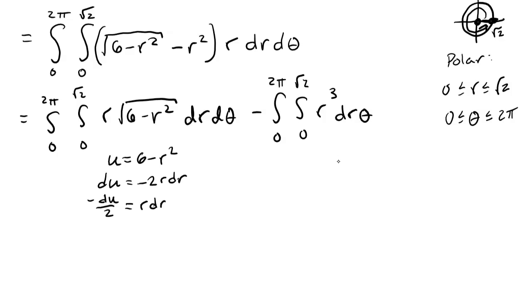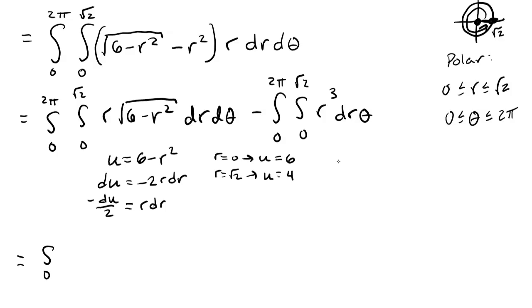So our bounds, well, r was 0, that's going to make u 6 minus 0, which is 6. And when r was square root 2, u is going to be 6 minus square root 2 squared, so 6 minus 2 is 4.